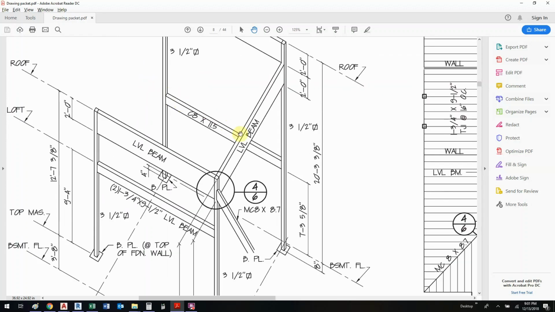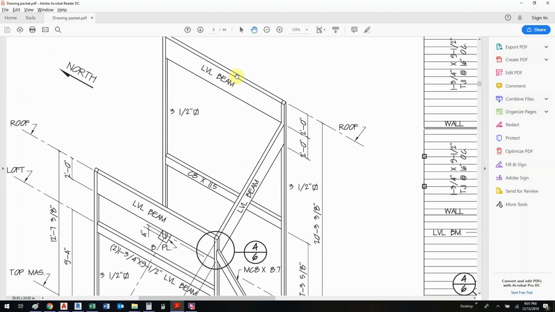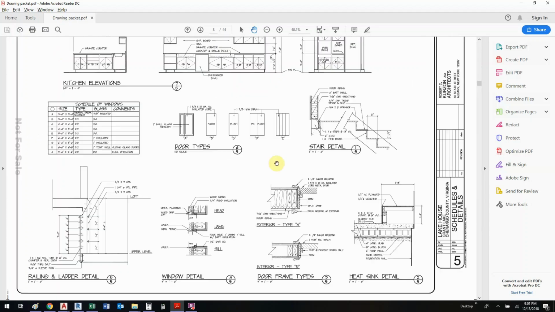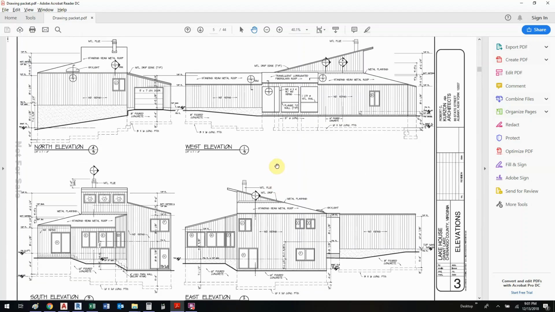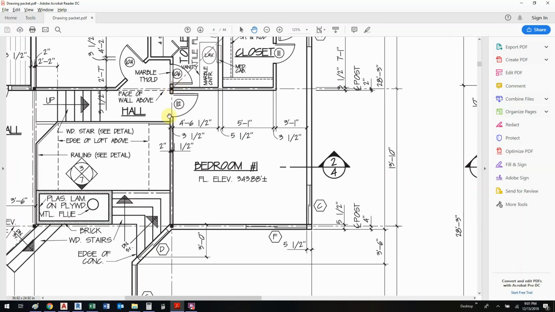So that's where it's going. It goes from the inside corner of the post to the inside corner of the post. This is the north, so that is the east side. We've already discussed that. So let's go back up here to our plan. And the beam is going here. And there's a column here, and there's a column here.